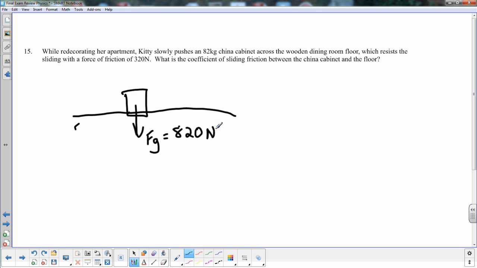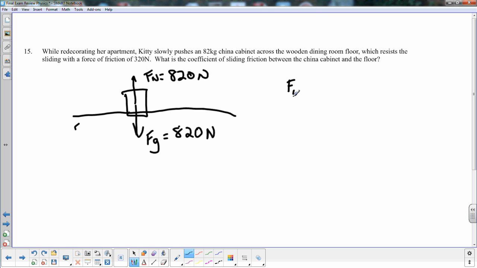So while redecorating her apartment, she pushes this thing and it resists with a frictional force of 320. So we know the FF is 320. We know the Fn is 820. And we don't know the mu, but we want to know the mu. And we know that FF equals mu Fn.